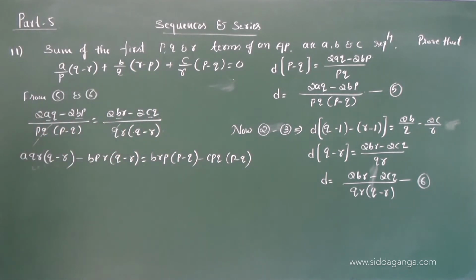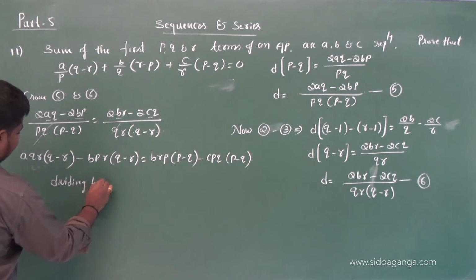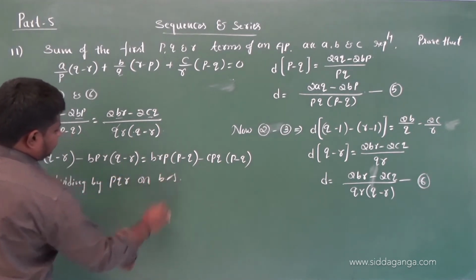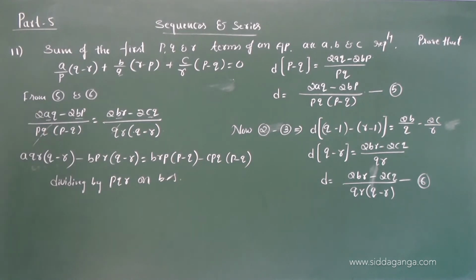Okay. Now let me divide by PQR on both sides. I am going to divide all the terms by PQR. So what happens here?